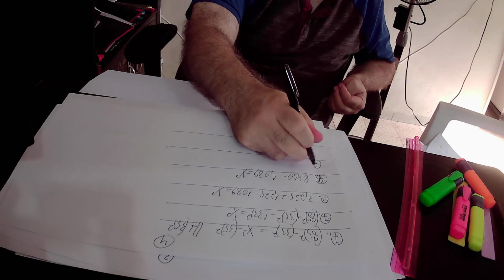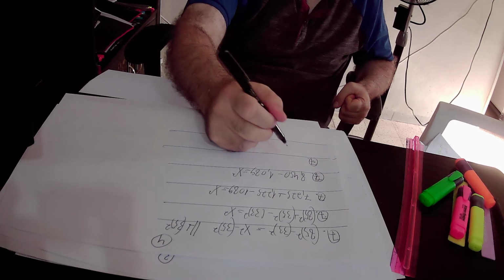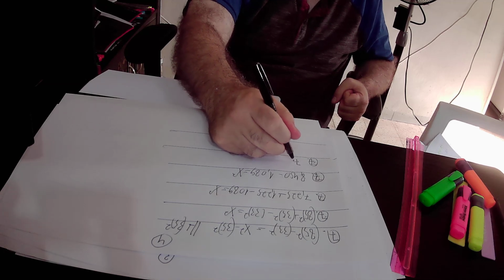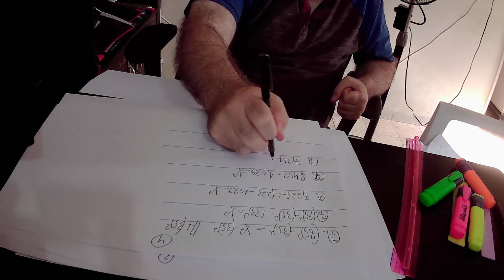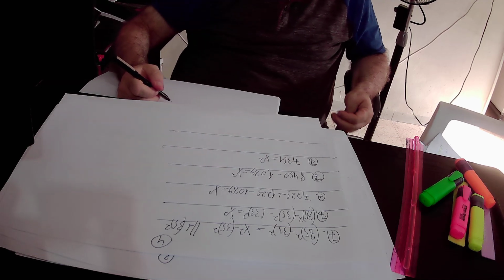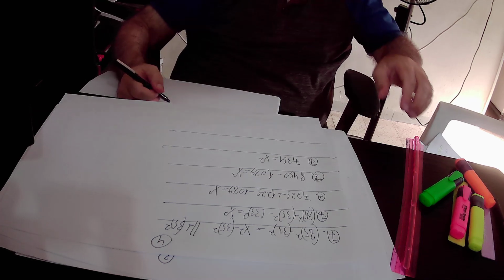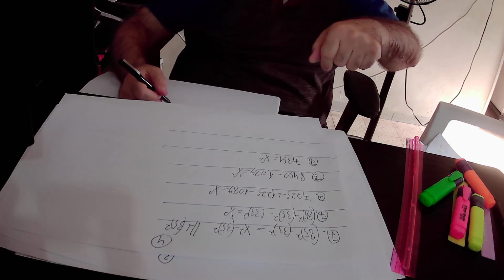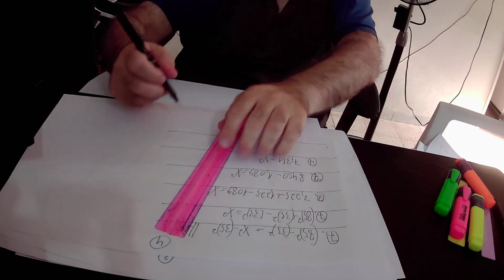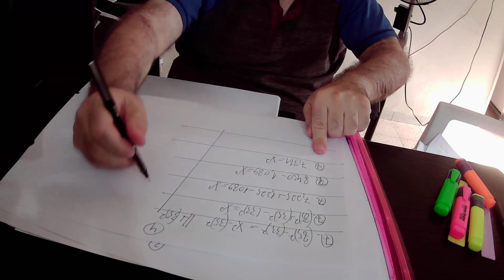And 8,450 minus 1,089 equals 7,361, that is equal to x squared. So according to equation number 7, we found out that x squared equals 7,361.